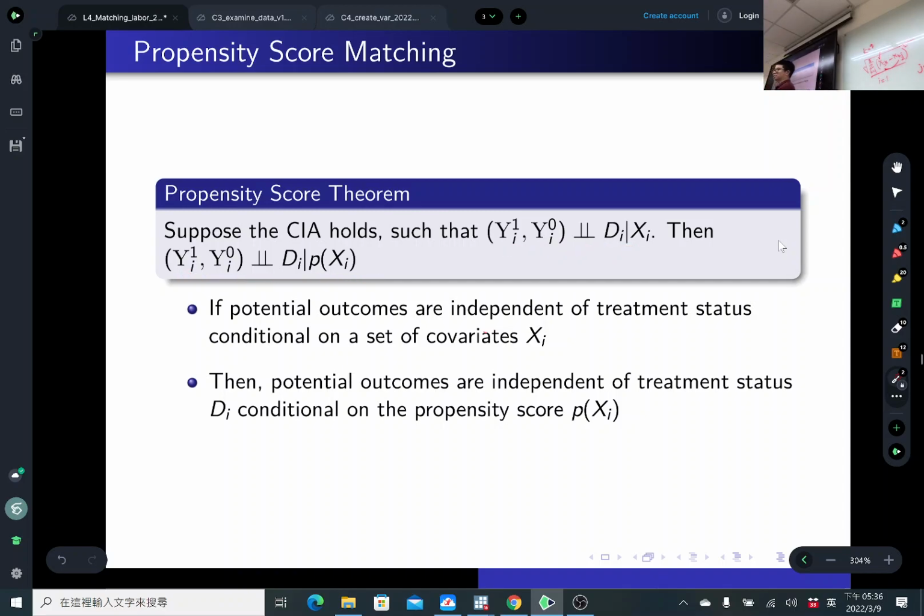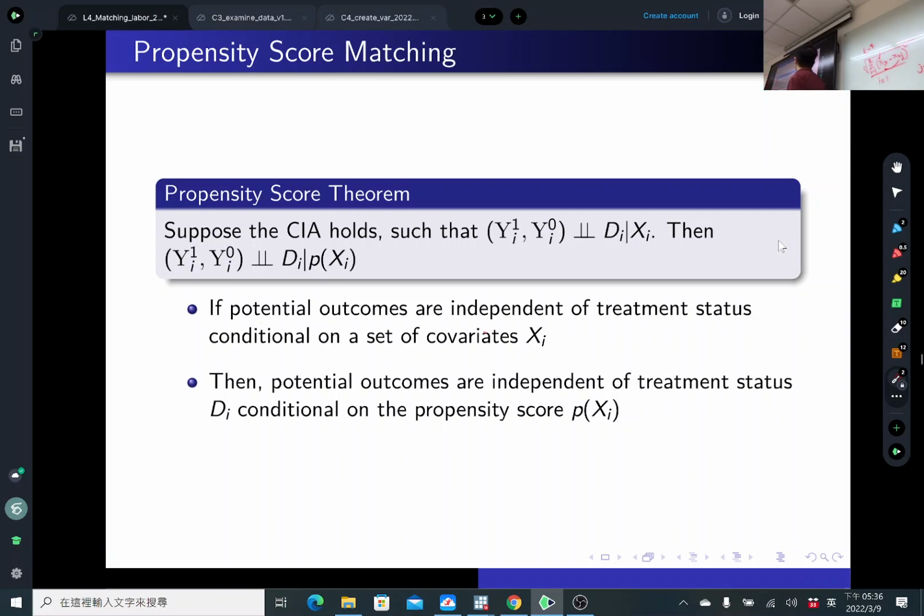That is, we just compare the treated unit and the control unit with the same treatment probability, the same propensity score, like 0.1. If they all have the same propensity score, whether they get treatment or not is random, unrelated to any characteristic or the value of potential outcomes.